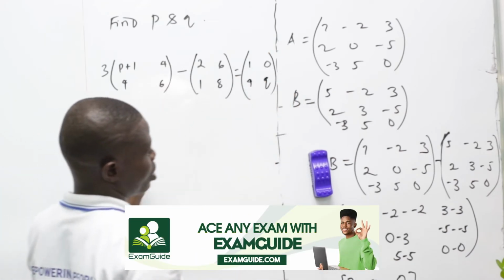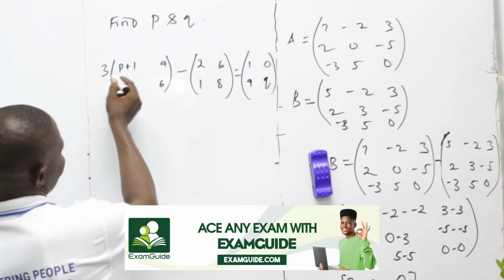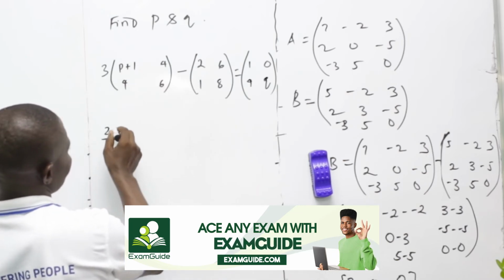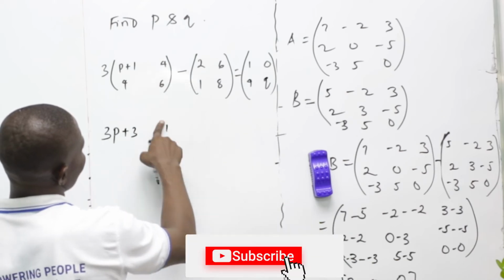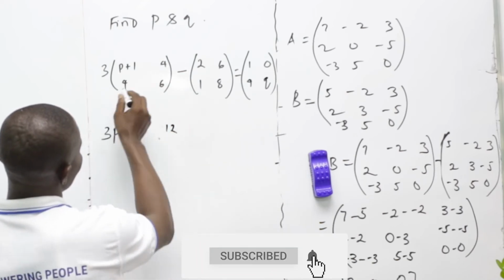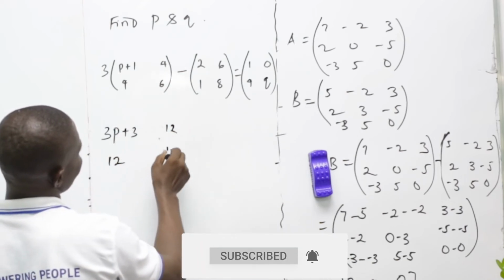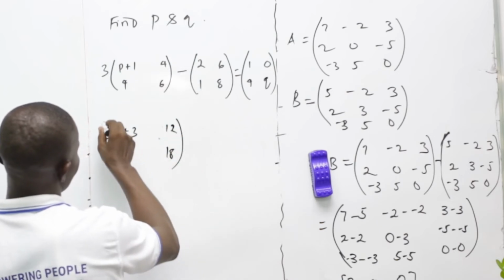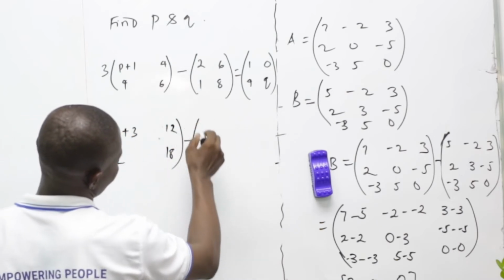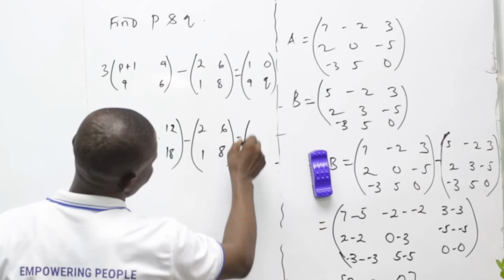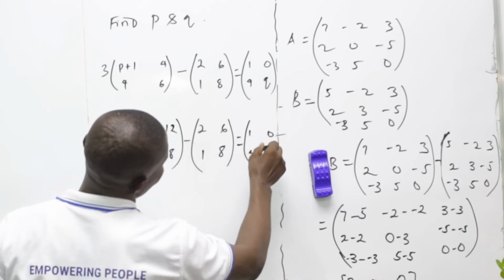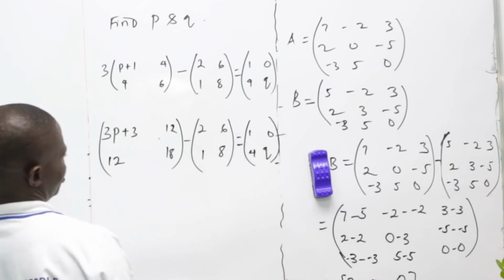It's still the same thing you are doing. This place simply means 3 times P, which is 3P plus 3, plus 12, that is 3 times 4, another 12, this is 18. Then, subtraction of matrices is coming into play, equal to 1, 0, 4, and Q. Nothing changes.